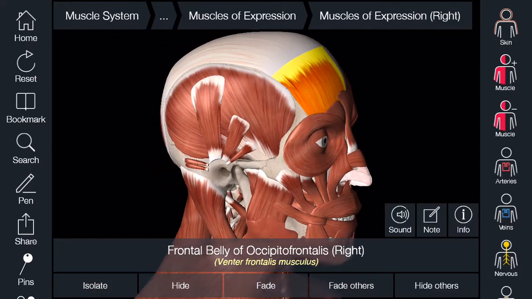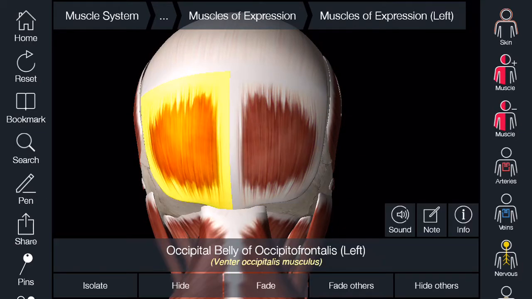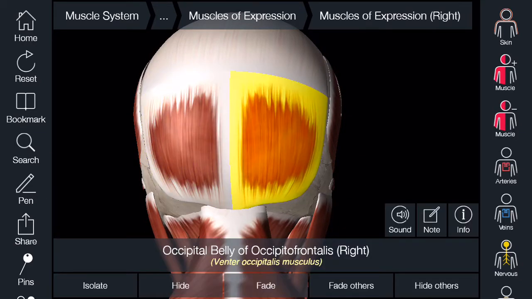Rotating to the other side of the head, we have these two over here. This is the occipitalis. And obviously your occipitalis muscle sits on top of the occipital bone, and the action is to draw the scalp backwards.